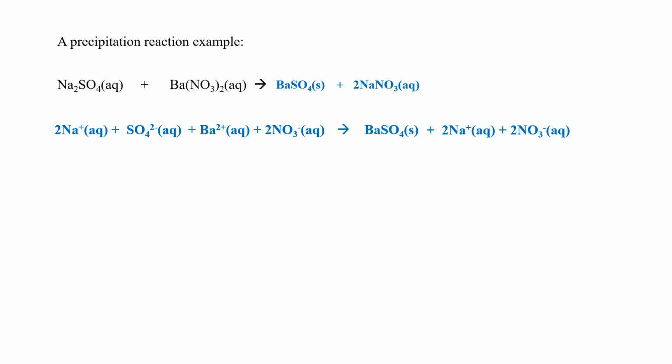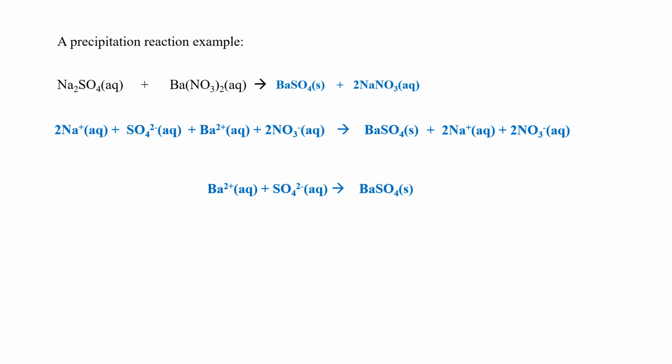In the net ionic equation, you simply leave those out. The result is barium ion plus sulfate ion forming barium sulfate solid. And that's what actually happened. That's the actual reaction that's occurred here.